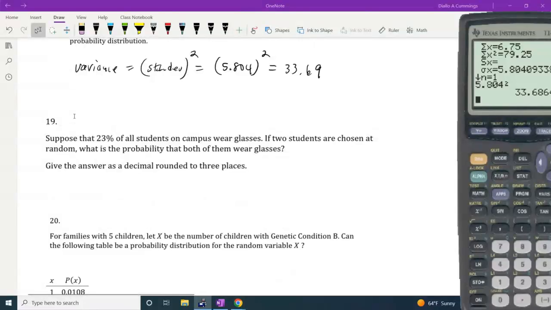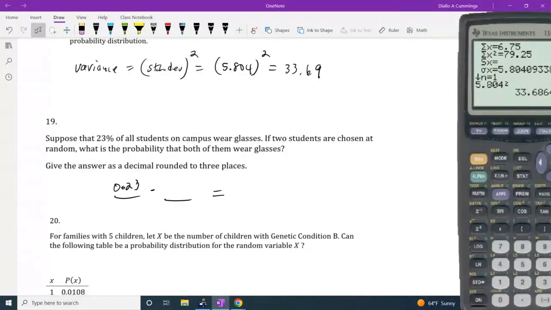All right, number 19 says, suppose that 23% of the students on campus wear glasses. If 2 students were chosen at random, what is the probability that they both wear glasses? So we're going to map out 2 outcomes, right? That's for the 2 people that we're randomly choosing. The probability that the first student wears glasses is going to be 23%.